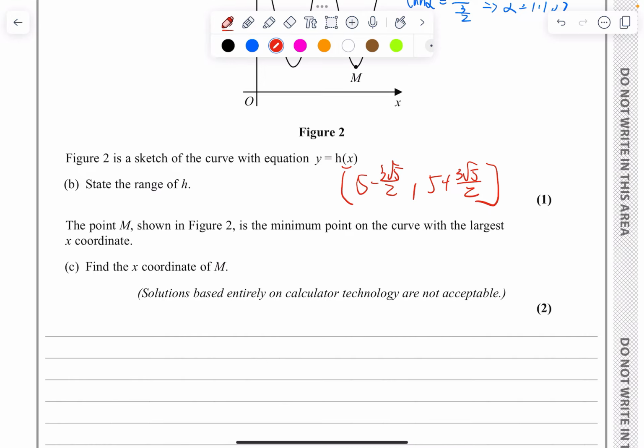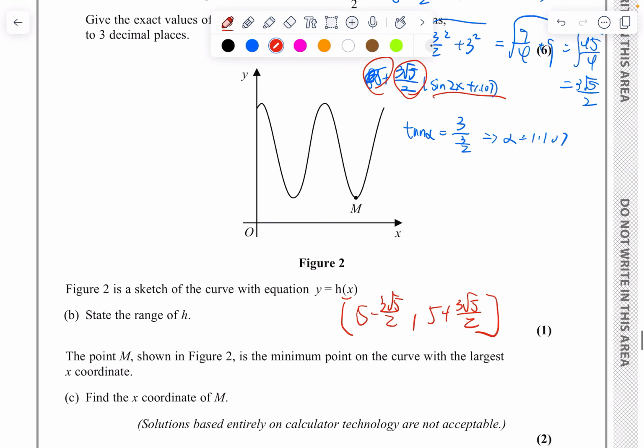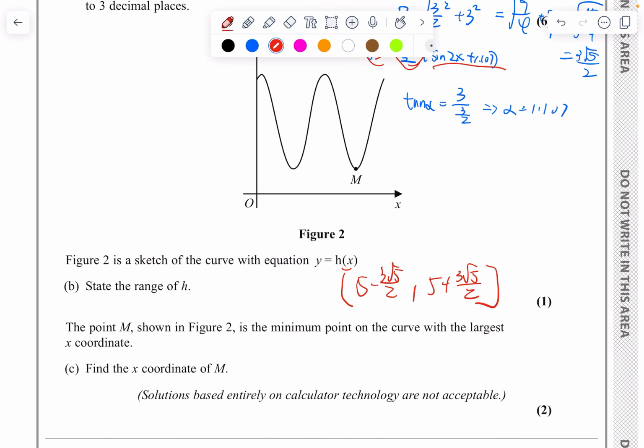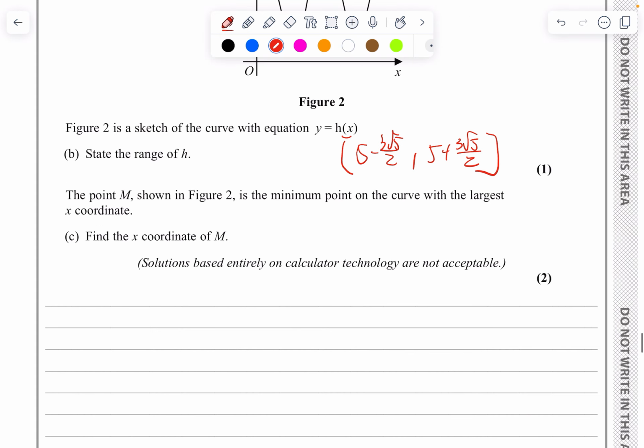Part C. This is the minimum point, and we have to find the coordinates. So we will have to find 5 plus 3 sine 2x plus 1.107 equals 5 minus this. 5 and 5 cancels out. This turns into -1.